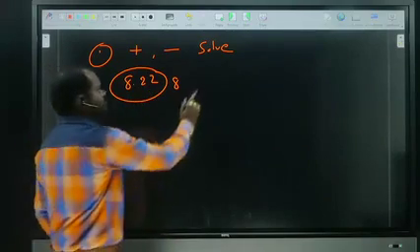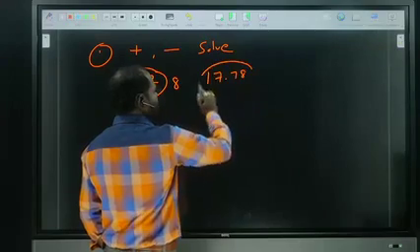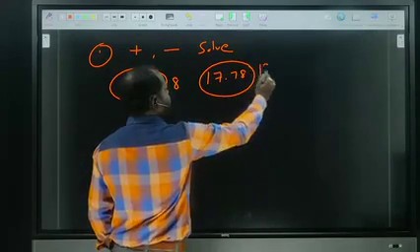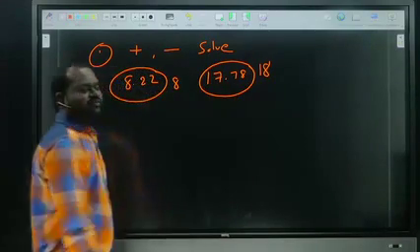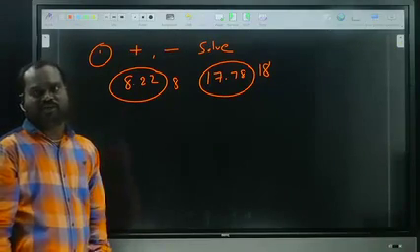In case somewhere it is 17.78, round off and take it as 18. Whenever below 0.5, previous; whenever above 0.5, next number.